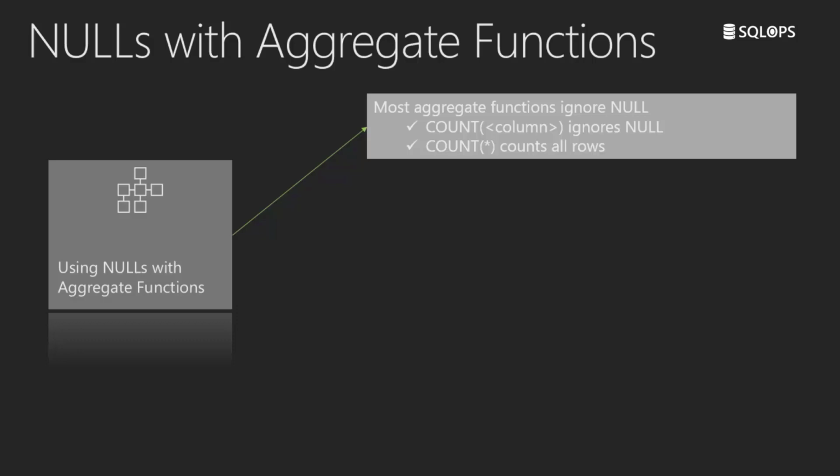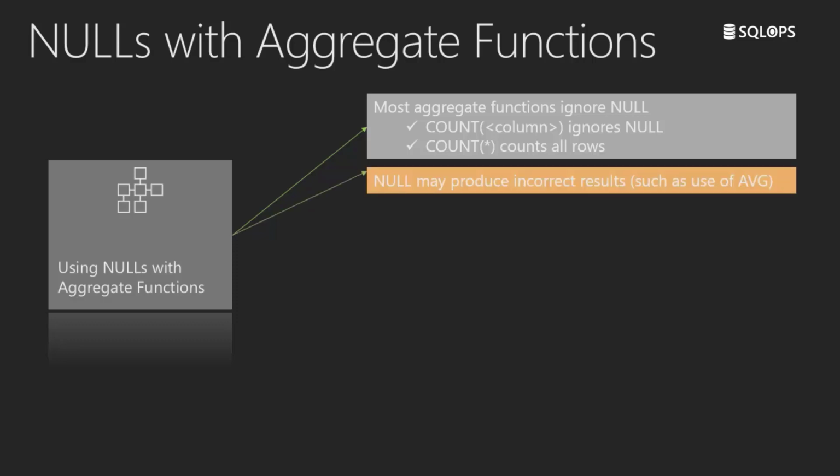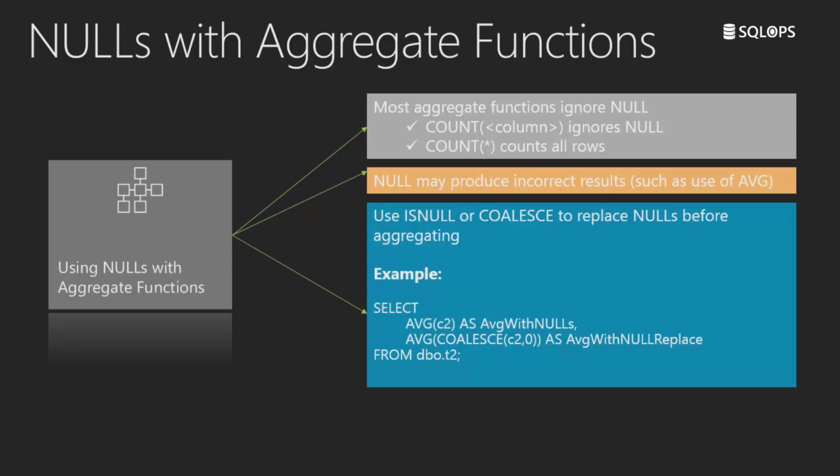This means when a sum function is used, it calculates the sum for all the non-null values only. The presence of nulls in a column may lead to inaccurate computations for the average function, which will sum only populated rows and divide that sum by the number of non-null rows. This means that you need to use the isNull or the coalesce functions to replace nulls before using the aggregate functions. Let's see an example.